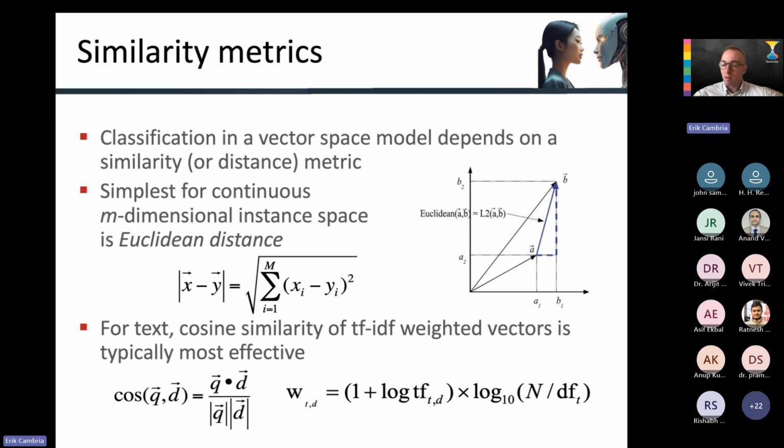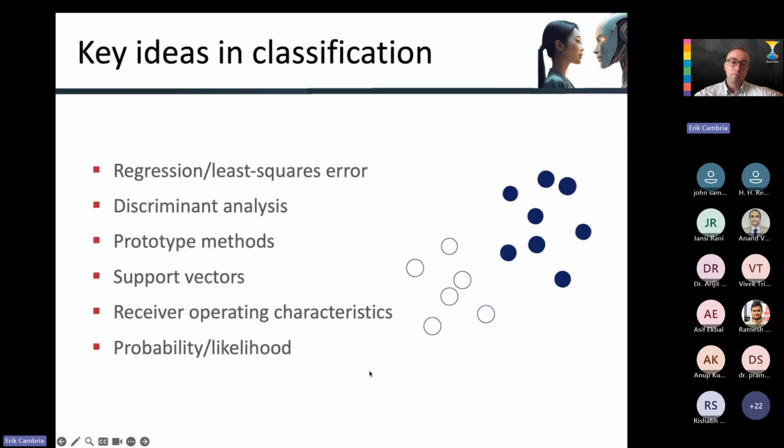We represent data in these vector spaces, and then we use either Euclidean distance, like we mentioned before, or better, cosine similarity using TF-IDF weights to calculate the angle between these vectors that represent my data.